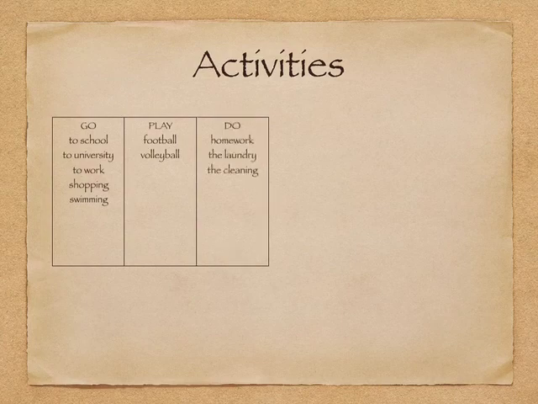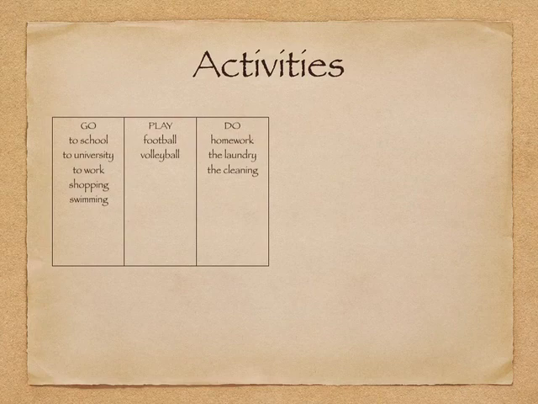Okay. Next verb is do. The words that can go with do are, here, homework. So you can say do homework. Homework is the work that you usually get from school, and you have to do the work at home.